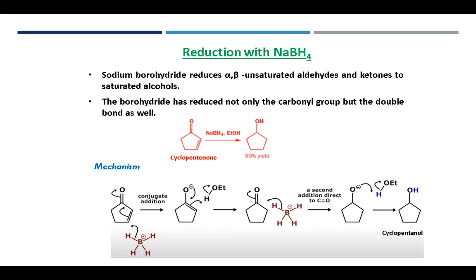In fact, the double bond is reduced first in a conjugate addition, followed by addition to the carbonyl group, as you can see here. See the mechanism here, the cyclopentanone, through conjugate addition, first the double bond is getting reduced, and then the second addition is happening to the carbonyl, and then the carbonyl is getting reduced to the corresponding alcohol.